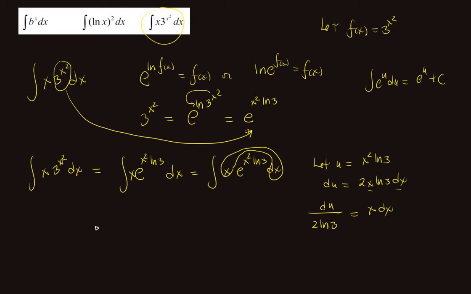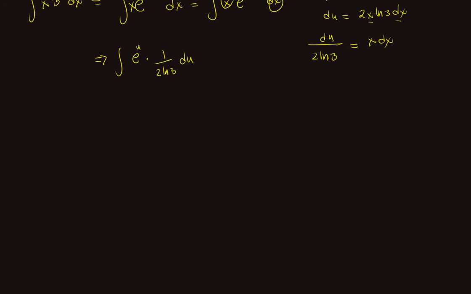So going back to this equation, by using the u substitution, this is going to look something like the integral of e to the u times 1 over 2 natural log of 3 du. Let's arrange this a little bit. We're going to take the 2 natural log of 3 out of the integral.